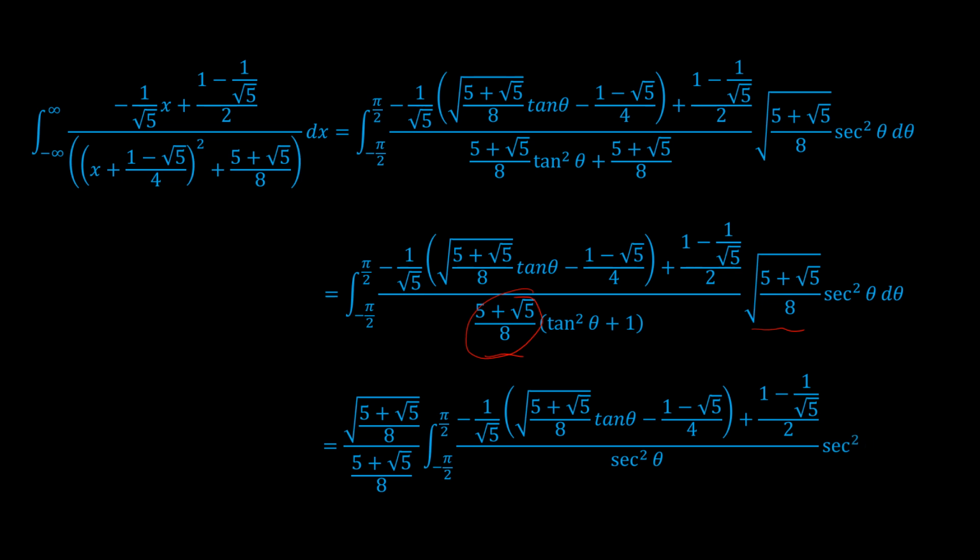And then as you can see here, we have negative 1 over root 5, square root of 5 plus root 5 over 8 tan theta minus 1 minus root 5 over 4 close bracket plus 1 minus 1 over root 5 over 2. Now tan squared theta plus 1 is the same as sec squared theta, and we're going to see that this and that can cancel, but we'll see that in the next step.